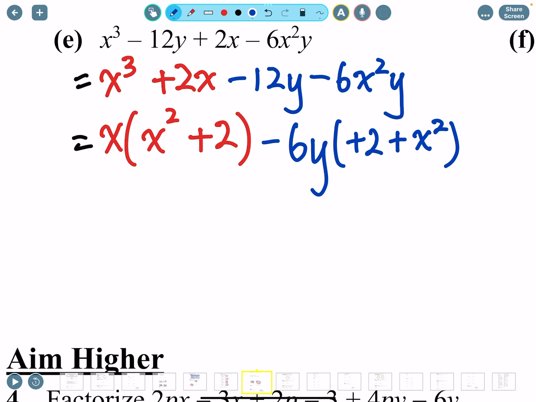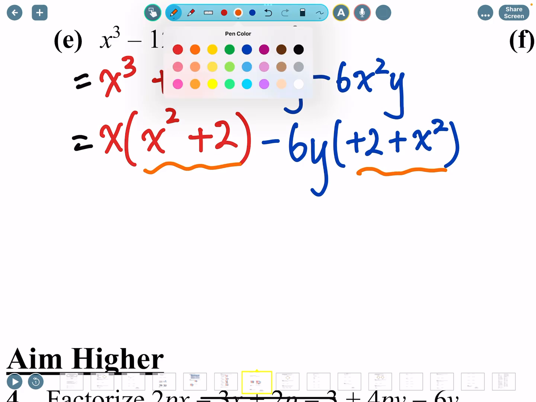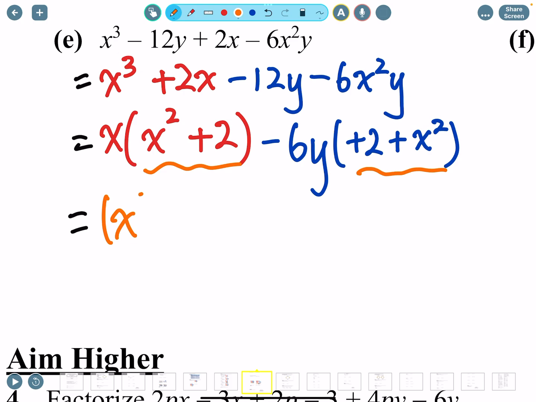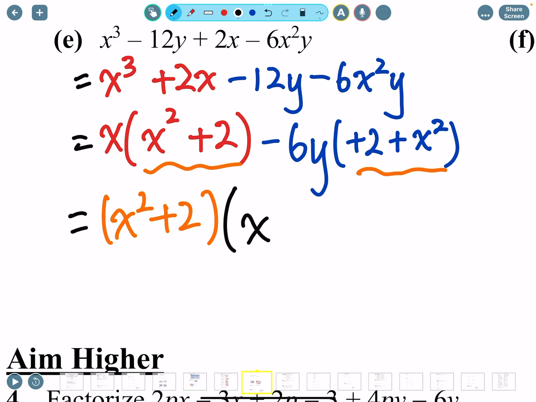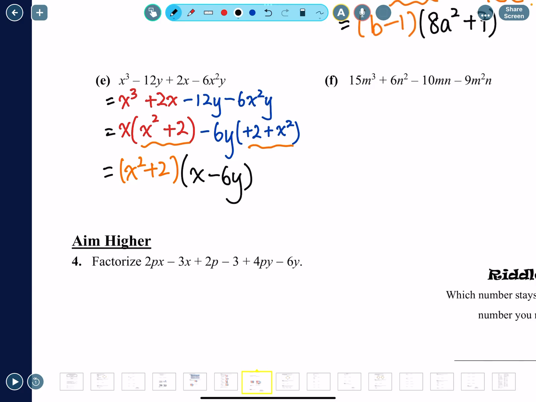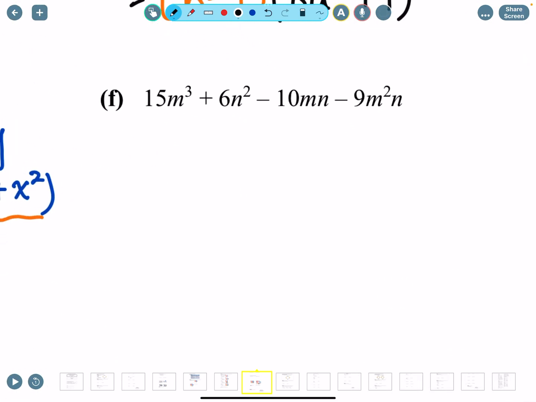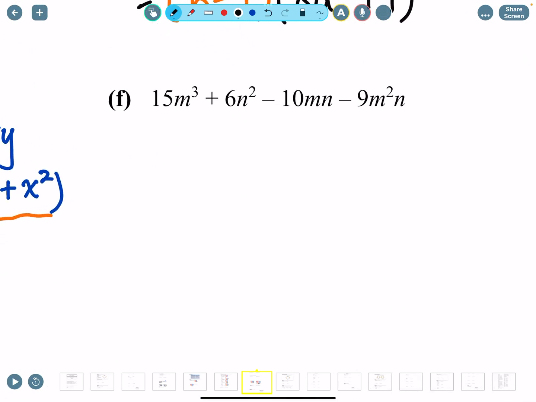So we have the same x squared plus 2, and 2 plus x squared is the same. So we're going to factorize that out. x squared plus 2, and whatever is left will be on the right bracket, x minus 6y. Okay? So procedure is more or less the same, just different numbers and letters. It really depends how you group up the numbers, I mean the terms.